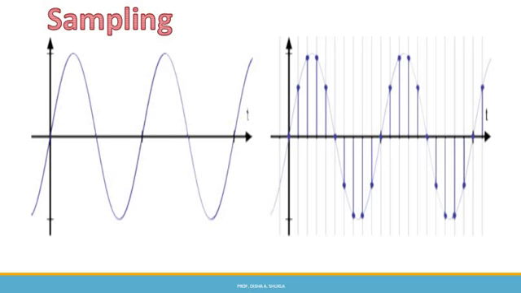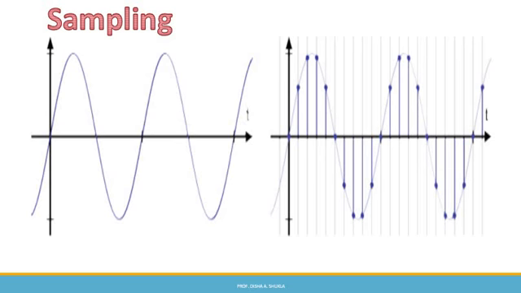Sampling just extracts the signal values at all integer multiples of Ts. x of n is not a digital signal because x of n can be any number from the continuous range. The figure illustrates the sampling process.